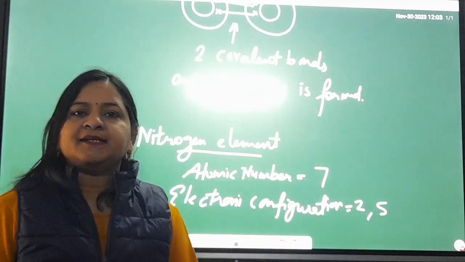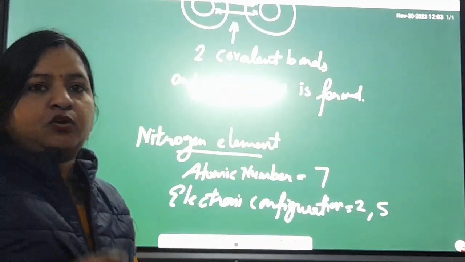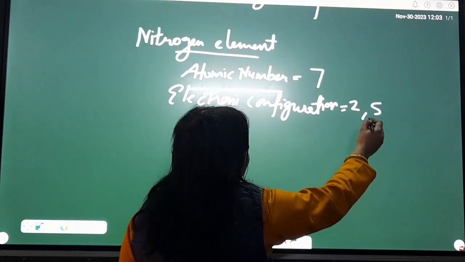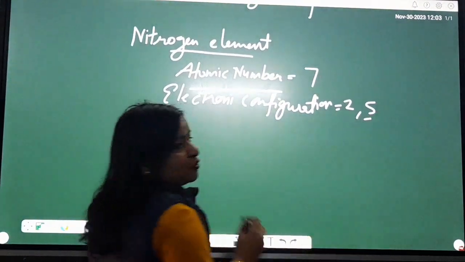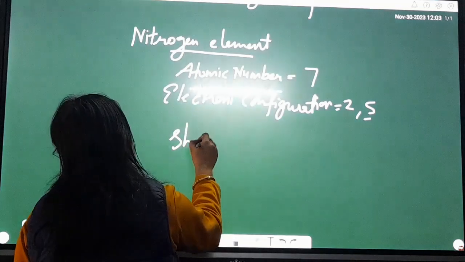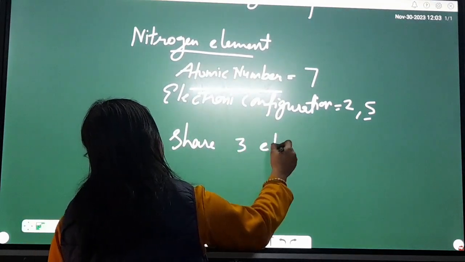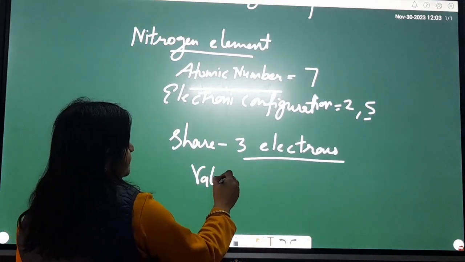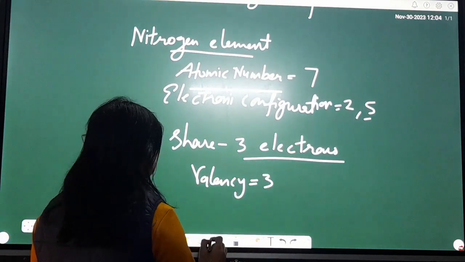So to gain its 8 electrons, it does sharing of the 3 electrons. As you can see, to make it 8, there are 3 electrons remaining. So it can share its 3 electrons. So its valency is 3.